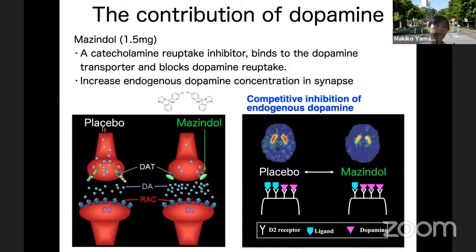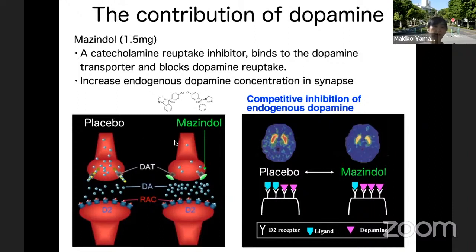In case of placebo, the dopamine transporter reuptakes dopamine in the synapse. But in case of Mazindol, it blocks, so dopamine increases in the synapse.